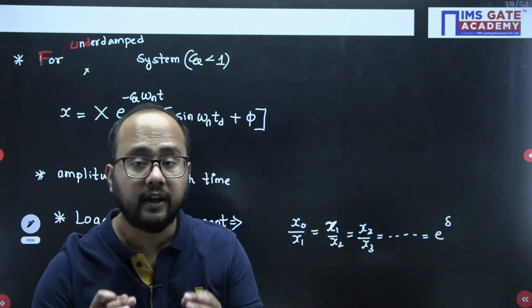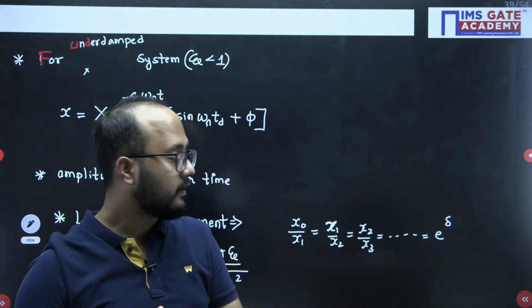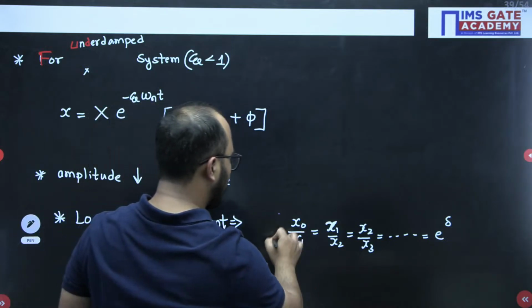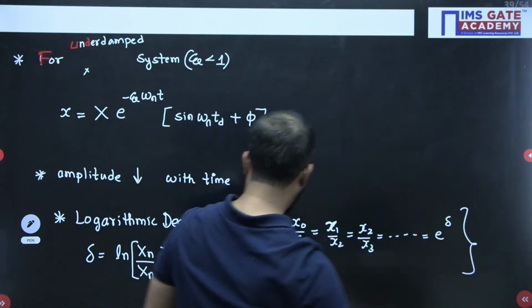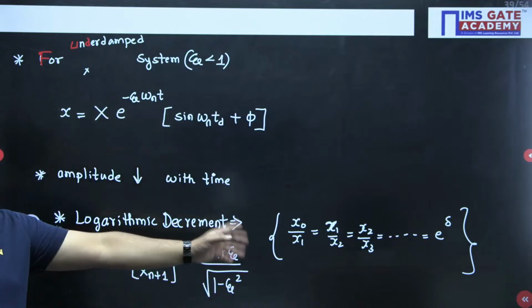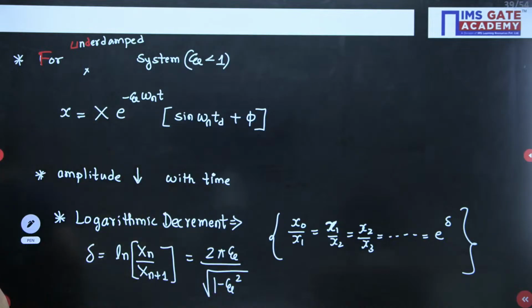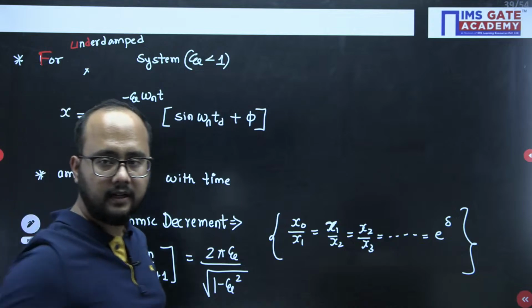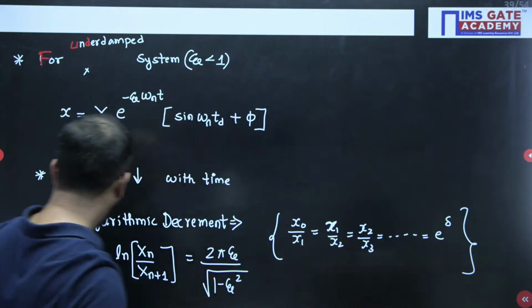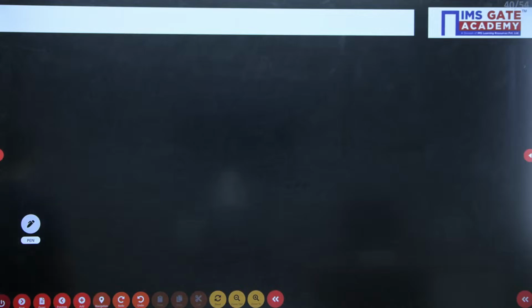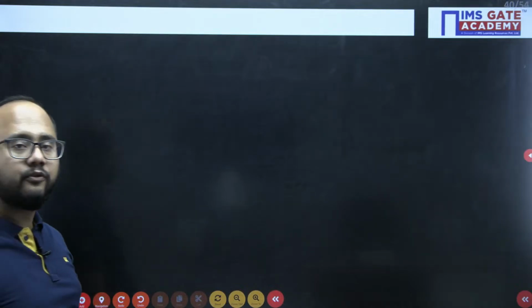So this is a very important point, guys. Apart from these two formulas, this relation is also very important, so you should remember it as well. Done? Okay, now next we will be discussing forced vibration, single degree of freedom and forced vibration.